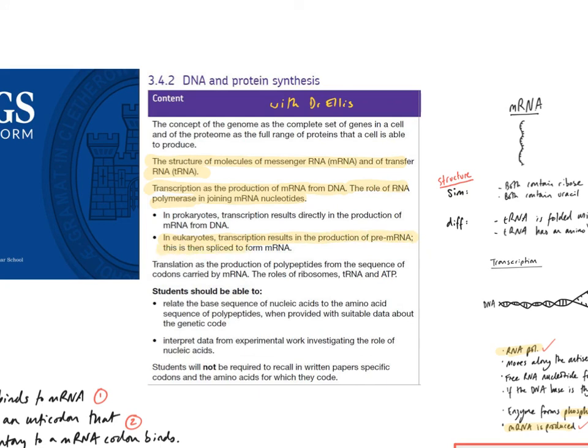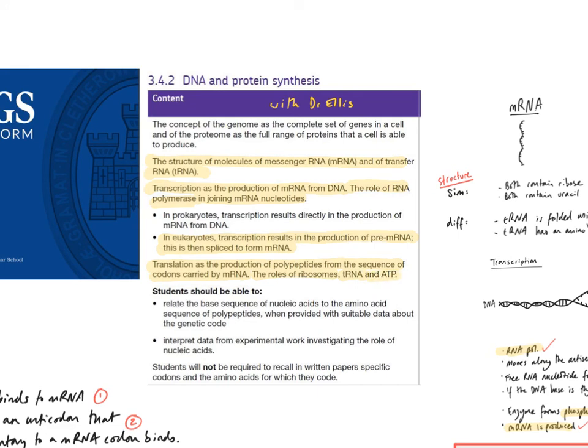This is then spliced to form mRNA. I've done that. Translation is the production of polypeptides from the sequence of codons carried by mRNA, yes. The role of ribosome, yeah, it aligns everything together, and then it forms the peptide bonds. The role of tRNA, well, that carries the amino acid, and the role of ATP.